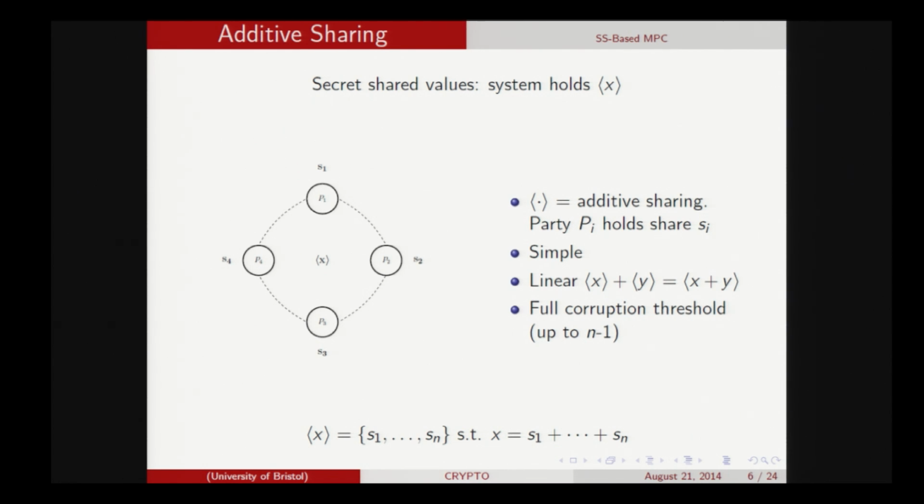The sum of these shares gives you the secret. And then each party receives one of these shares. This scheme is linear, which is good for arithmetic operations. And it supports full corruption threshold, so all but one of the parties can be corrupted. In this talk, anytime I write x between angle brackets, it means that the value x has been secret shared in this way.